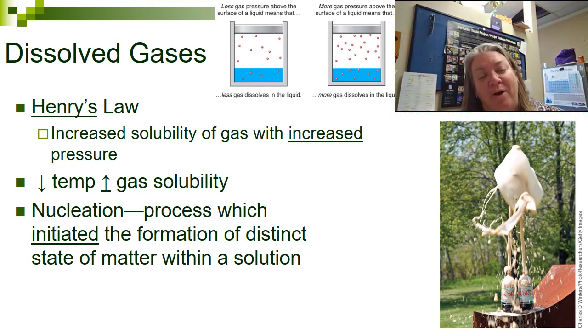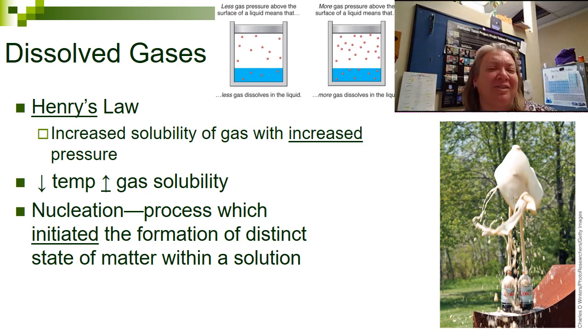Well, any type of pop will work. They like to use Diet Coke because it doesn't have sugar, so it's easier to clean up. And Mentos seems to be the very best candy to do this. They're trying to come up with a full explanation, and no one has a really good explanation why. So they like to say it's because of the nucleation sites.